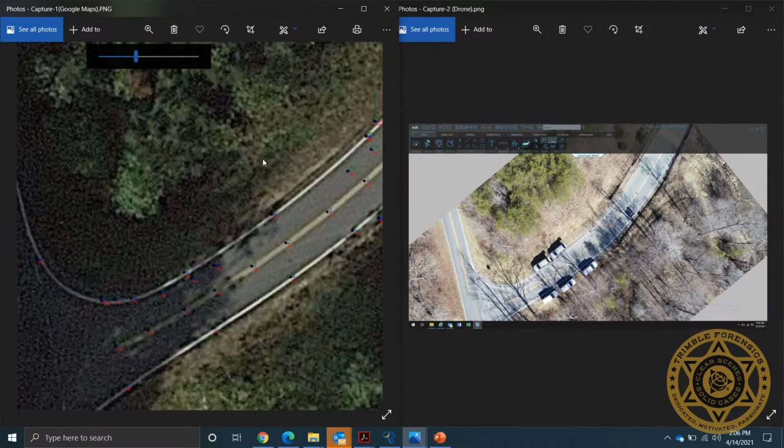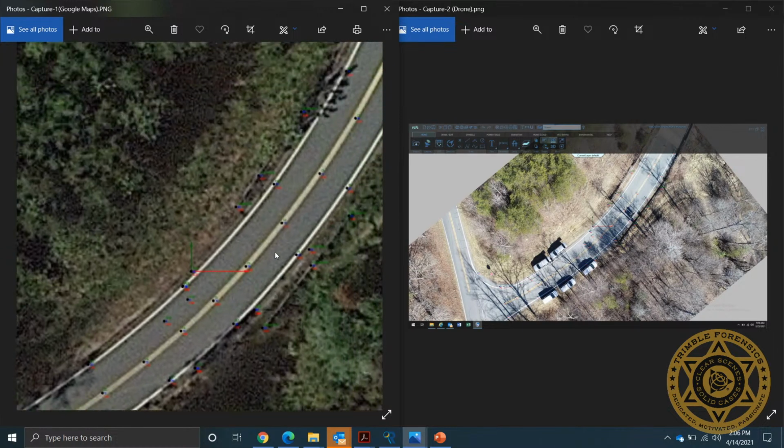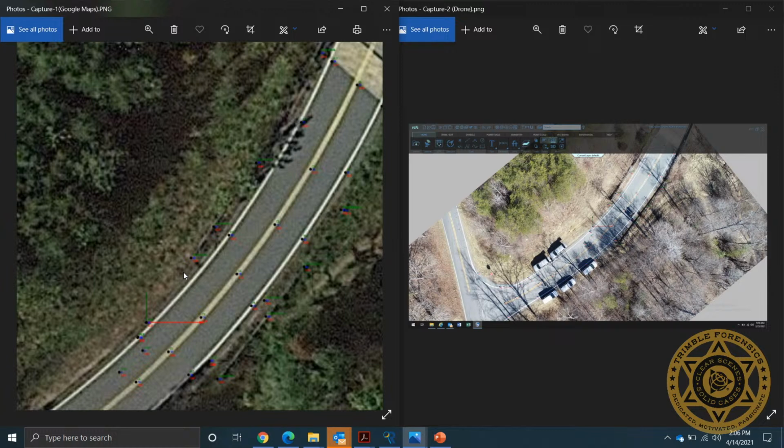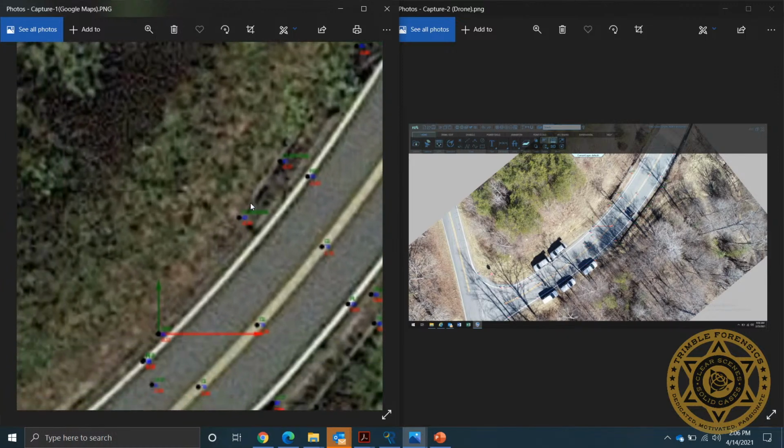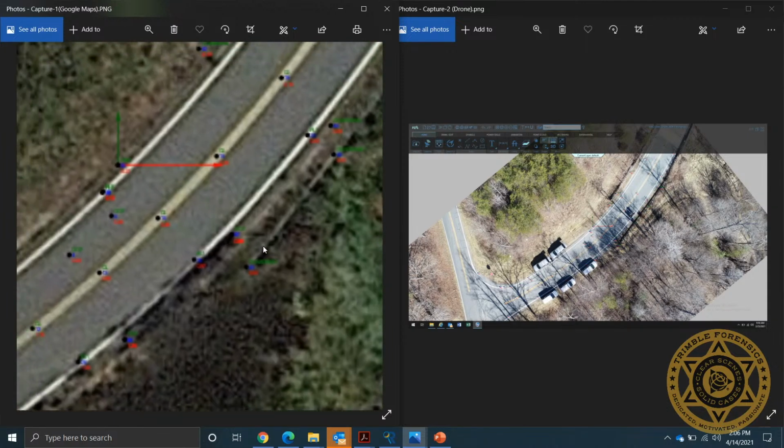We had some other data given to us, and looking at these two data sets, we have GNSS data overlaid on Google Maps. The end of this guardrail matches up pretty well with Google Maps.